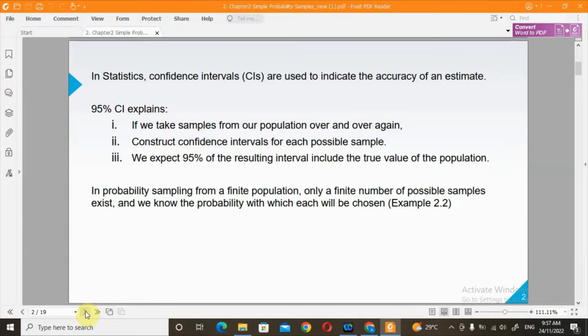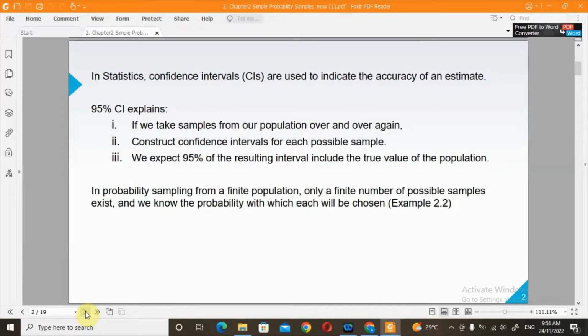It means that if we want to estimate whether our population total is included in the confidence intervals, this is how you can measure or estimate the population total.